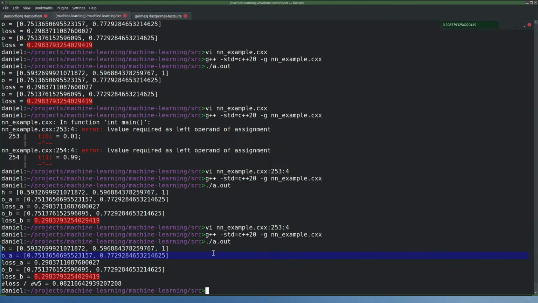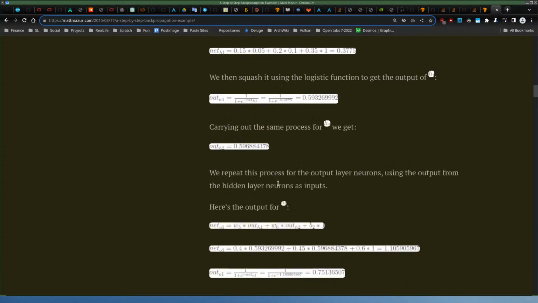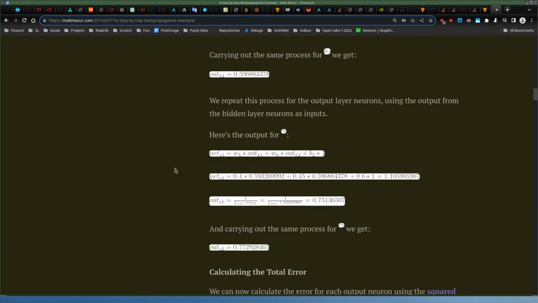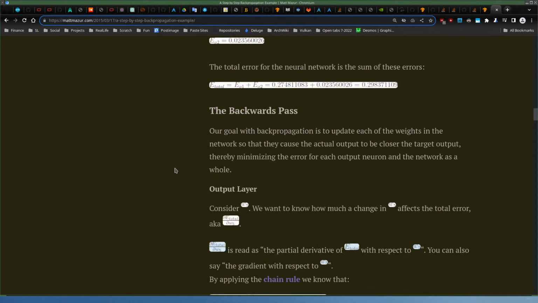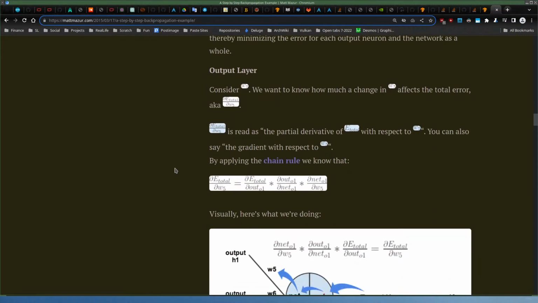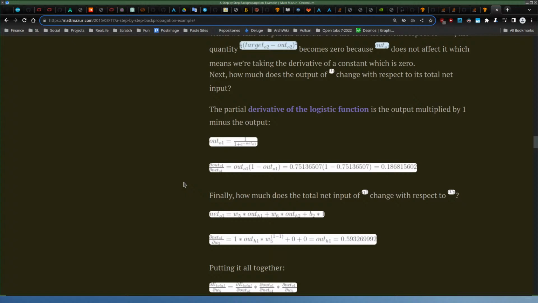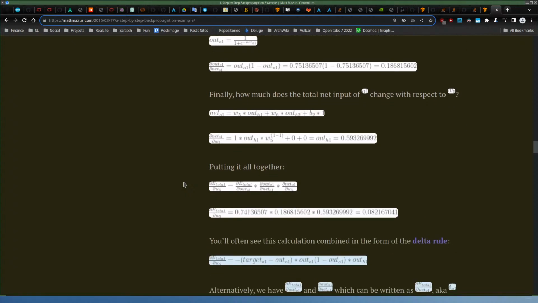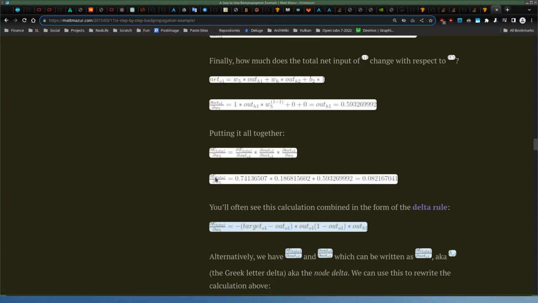0.08. Yeah, there it is. The total, that's our loss.